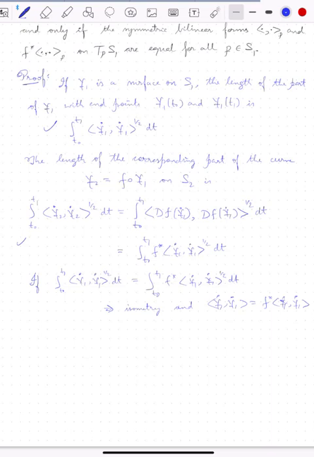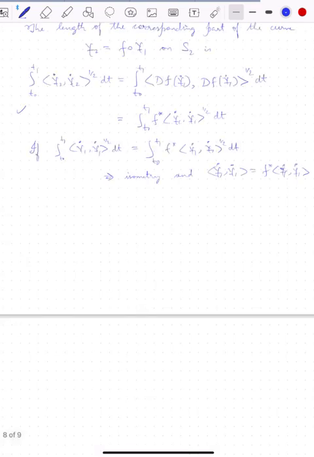So this is one part of the proof, the if part. For the only if part, we need to go the reverse.